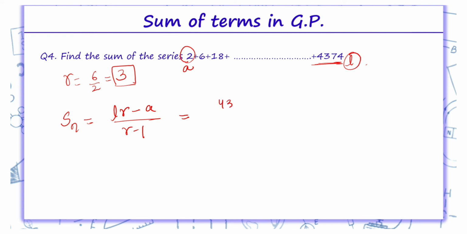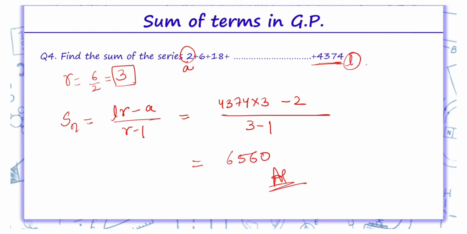L over here is 4374, R is 3, minus 2 because A is 2, upon R minus 1, that is 3 minus 1. So on calculation, we will get 6560. So this is how we can calculate the sum when the first and last term are given to us.